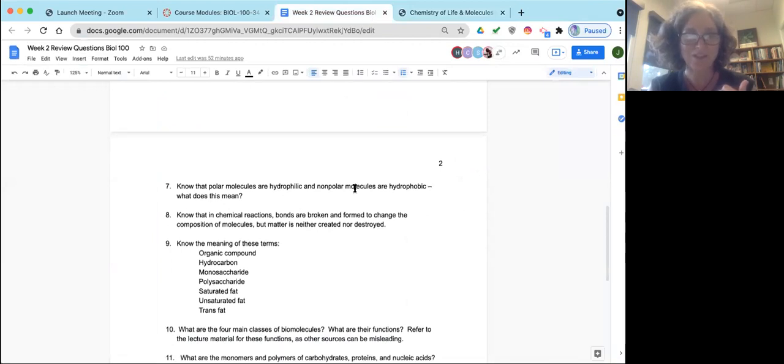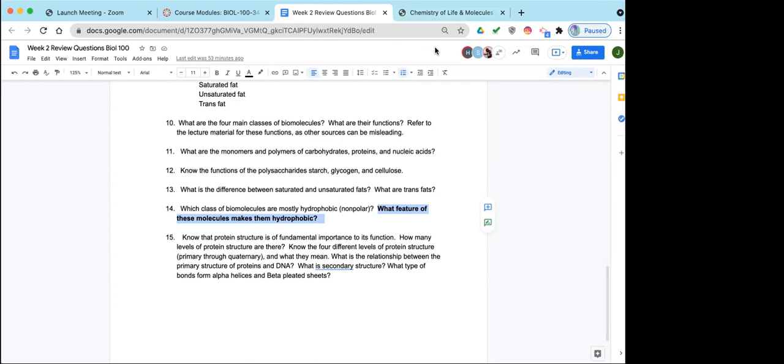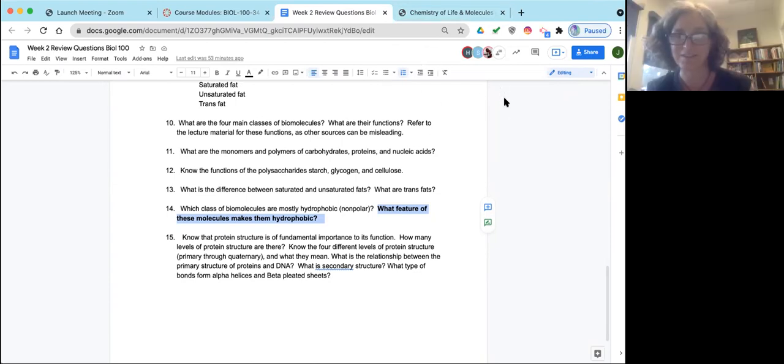So those questions on 15, the secondary structure is the alpha helix and the beta pleated sheets. And the types of bonds are what? Hydrogen bonds. Good. Hydrogen bonds.